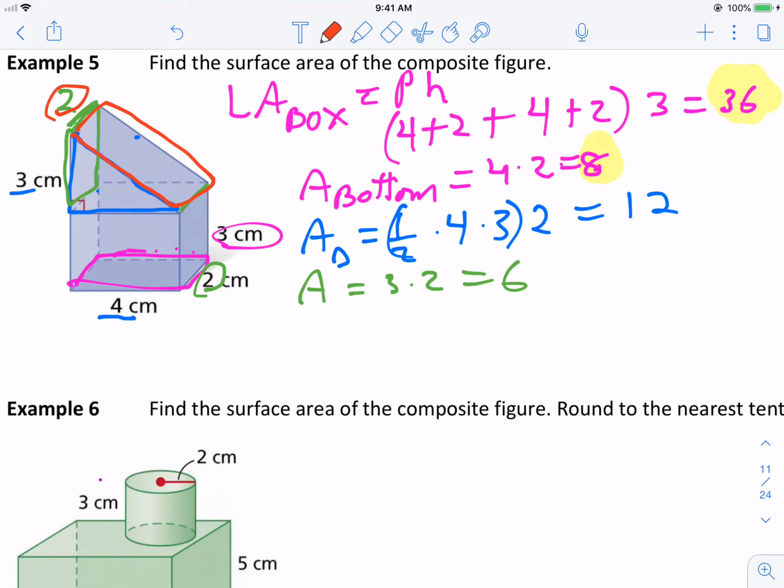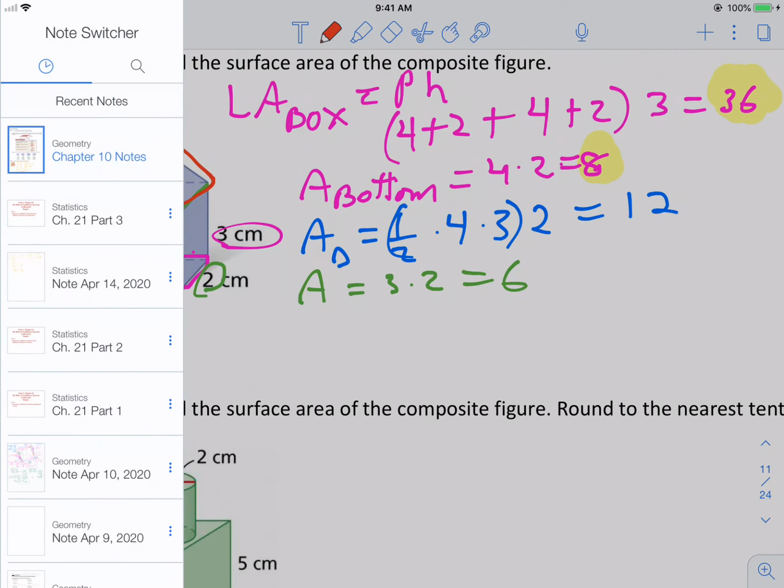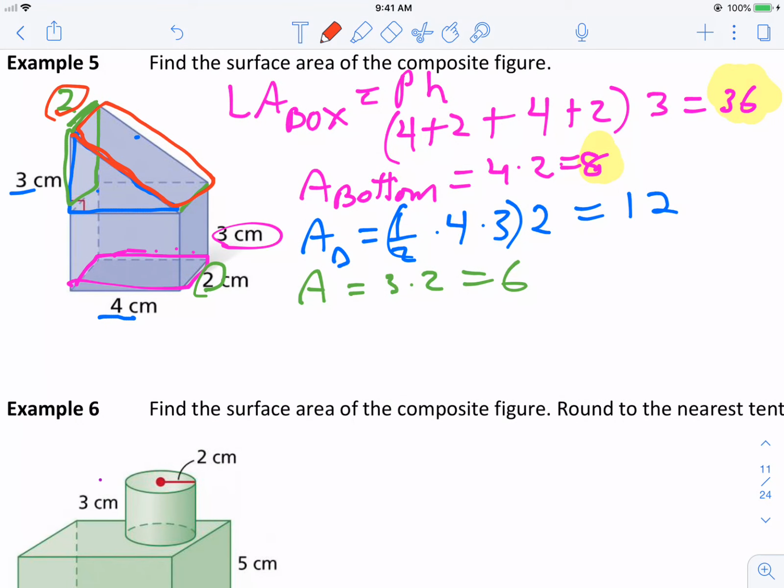For this hypotenuse distance, we really need to use the Pythagorean theorem. We've got 3 and 4. So we know that this is a 3, 4, 5 Pythagorean triple. So we'll get the area of that rectangle. 2 times 5 is 10.